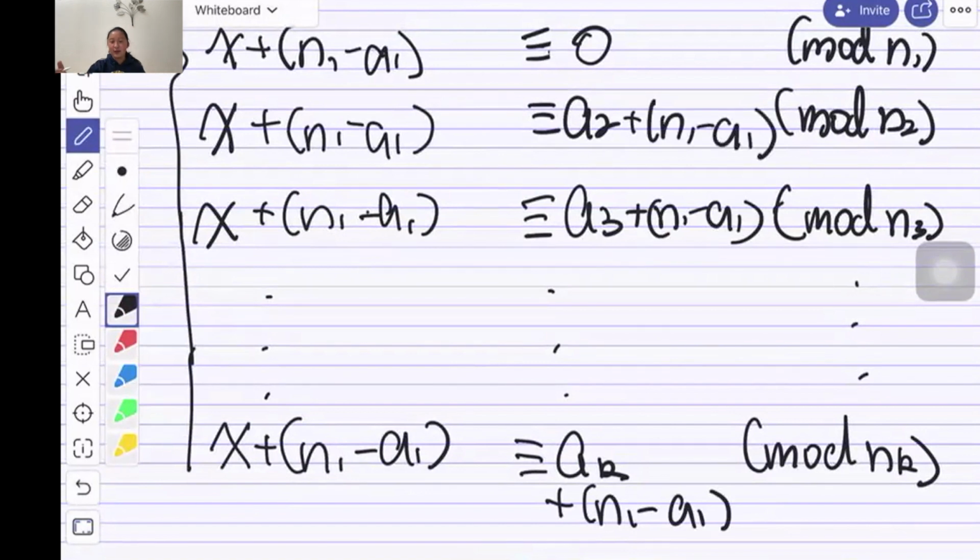Now next, as I've also said a long time before, this is 0, we don't want to change it.